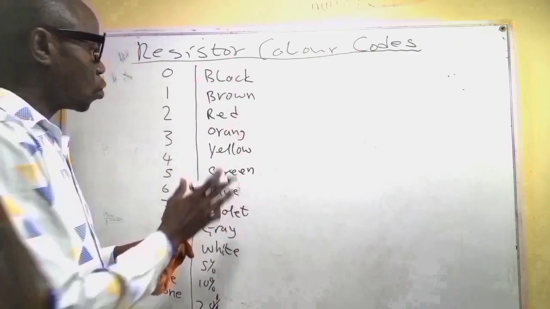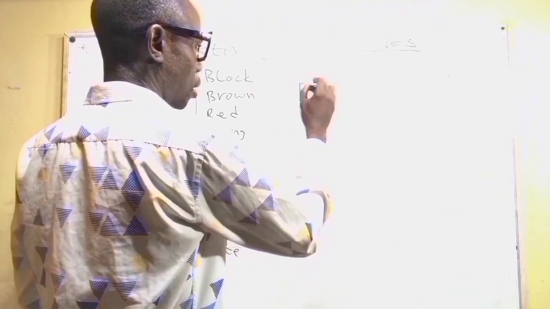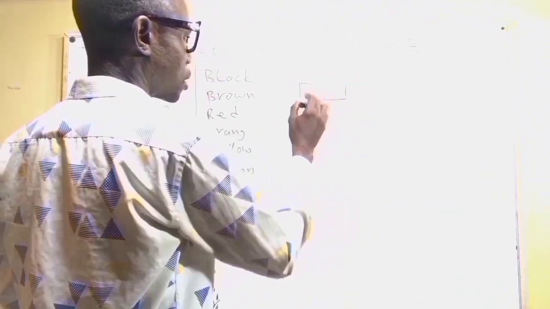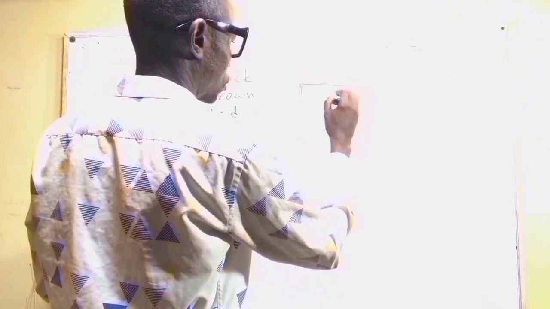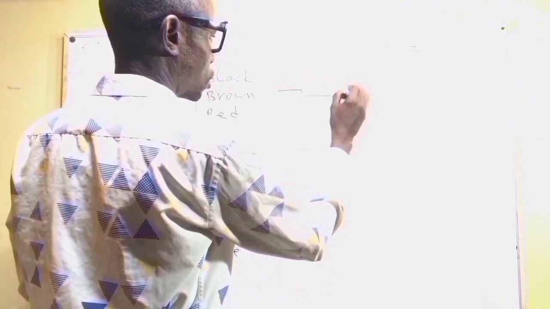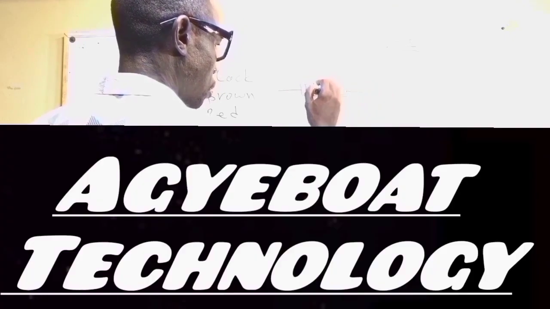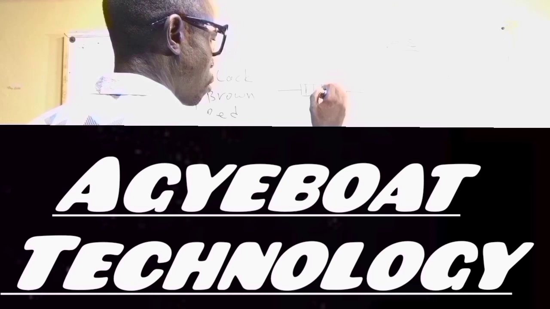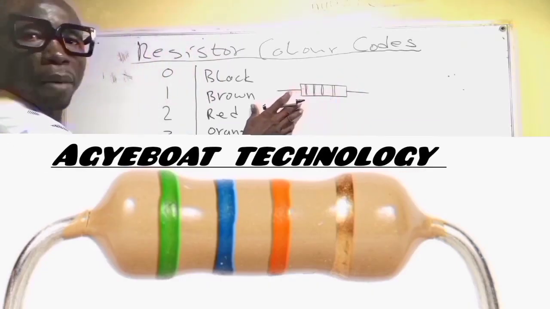From this, when you find a resistor, this is a resistor, and the color is coated on it. Yes, we are using a 4-band resistor.